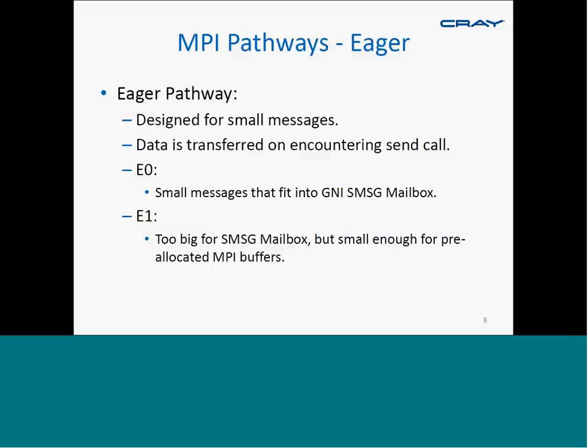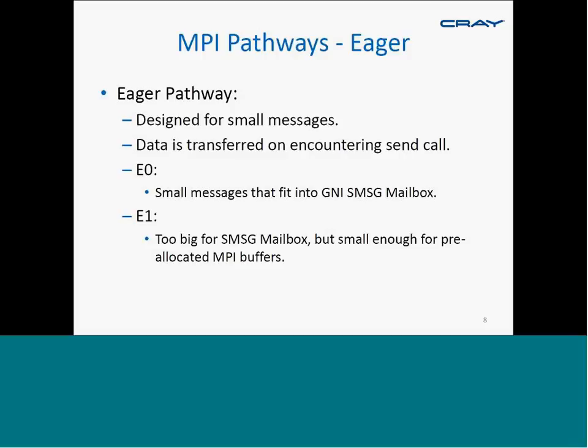So, and again, we pretty much talked about all of this. The primary difference to point out, though, is between doing E0 and E1. We know that it's based on message size, but why? And the idea is that the small message mailboxes are attached to the endpoint, and these mailboxes have a finite size.